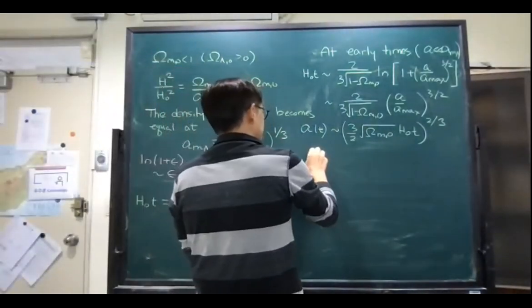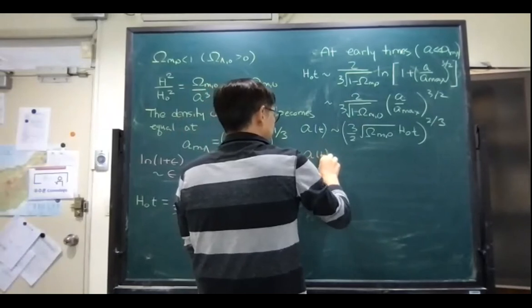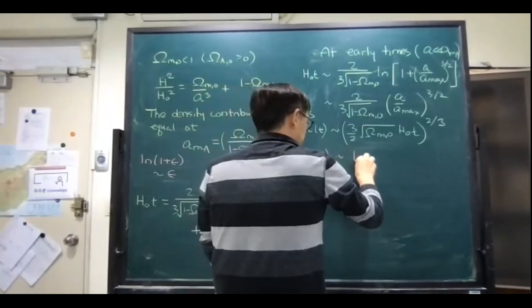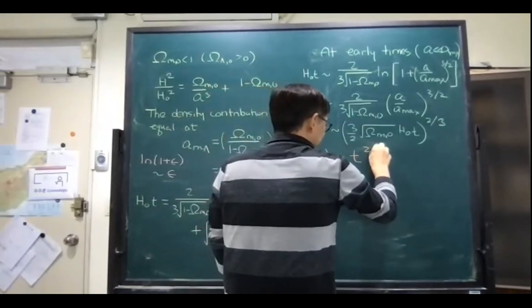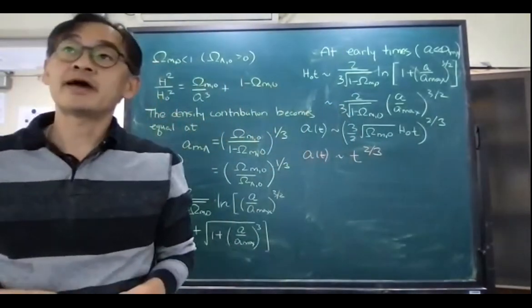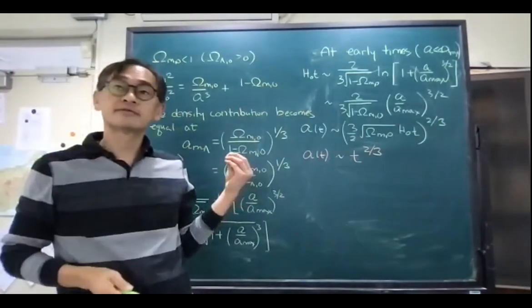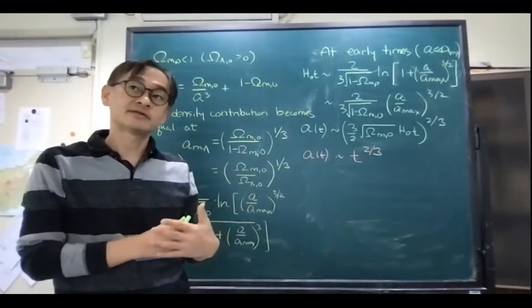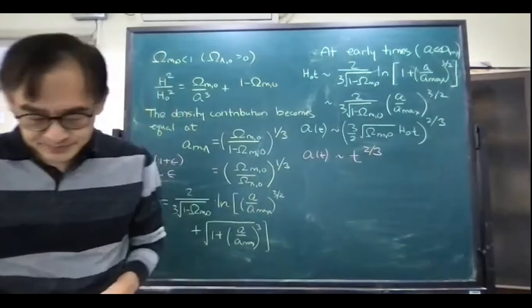So this is basically a of t is t to the power of 2 over 3, and this is the case when matter was dominant in the universe, which we already discussed.